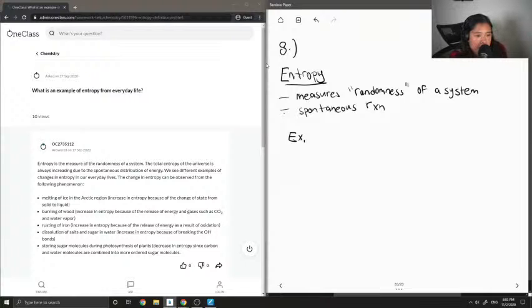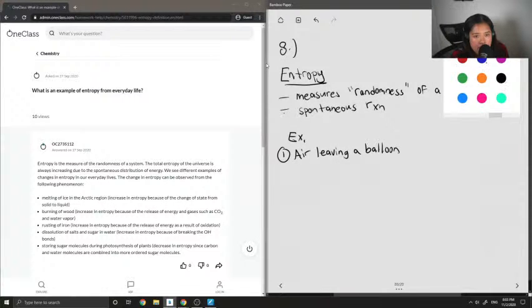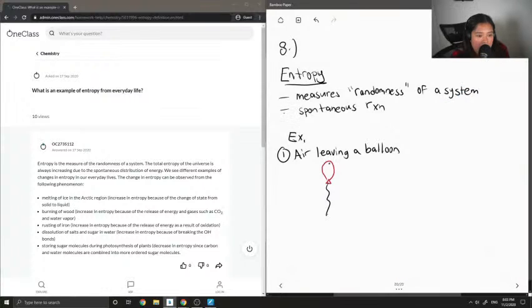So one example is the air leaving a balloon. So let's say we have a red balloon. It's nicely inflated and it contains on the inside these air molecules.